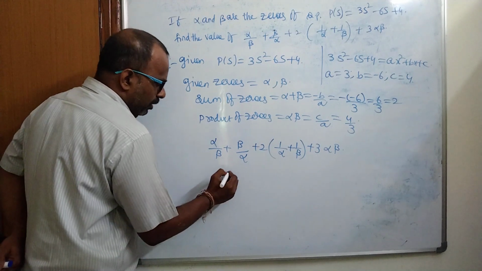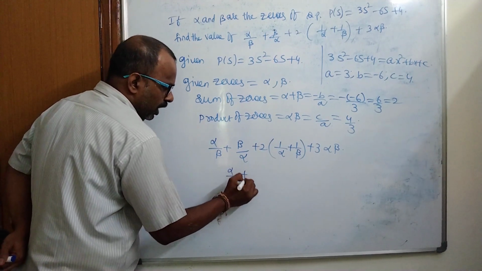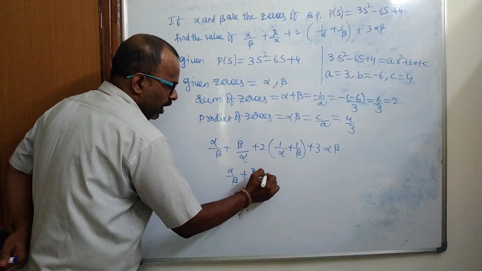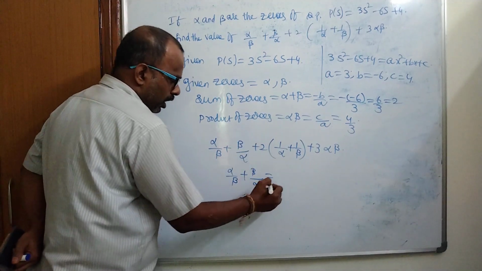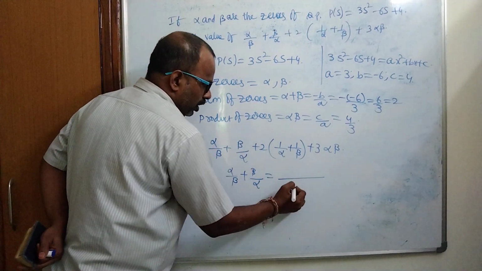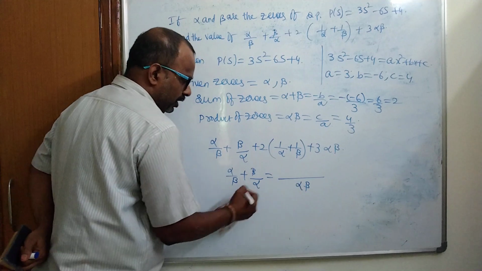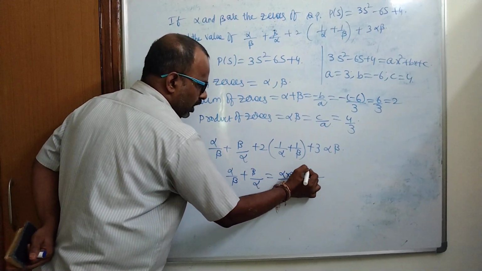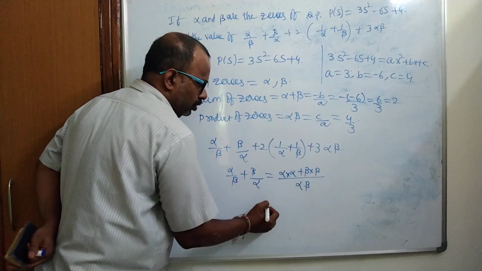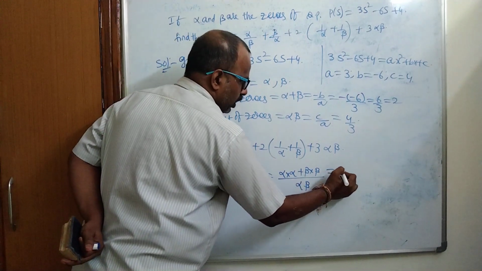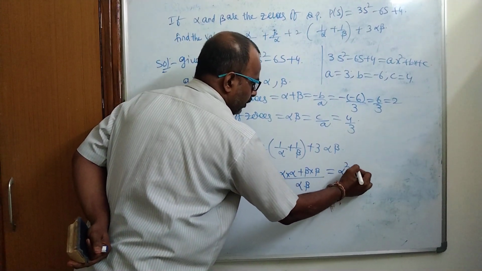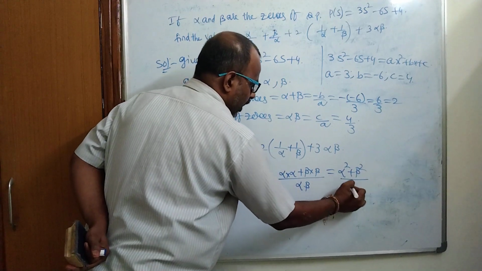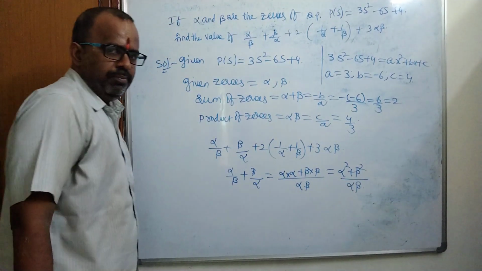So alpha by beta plus beta by alpha. Now what will the LCM be here? Alpha beta, and the numerator will be alpha into alpha plus beta into beta, which is alpha square plus beta square by alpha beta.